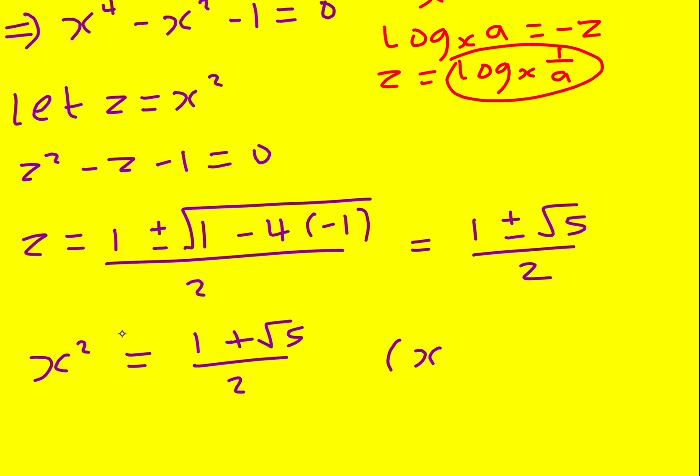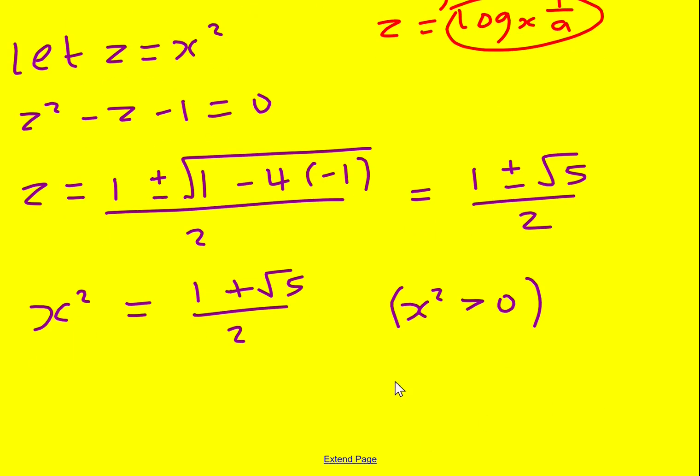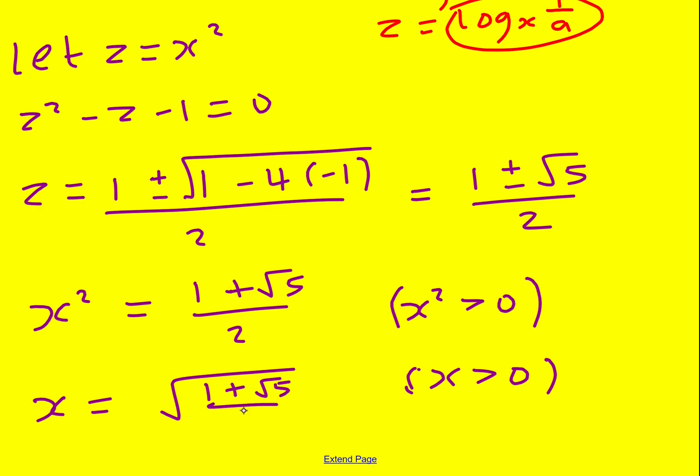First of all, we're squaring it, aren't we? x squared will be positive. That's all we actually care about. And also x is greater than 0, so we only need to take the positive root. x will be 1 plus root 5 over 2, square rooted.